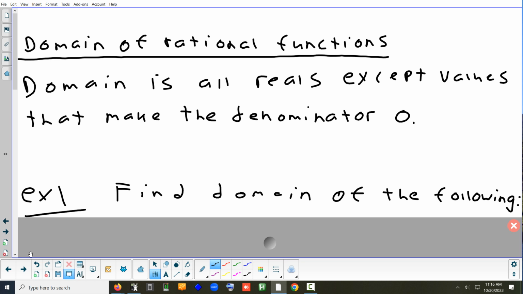So we'll try a couple where we find the domain now. So we're not really focusing on the numerator when we find the domain, focusing on the denominator.